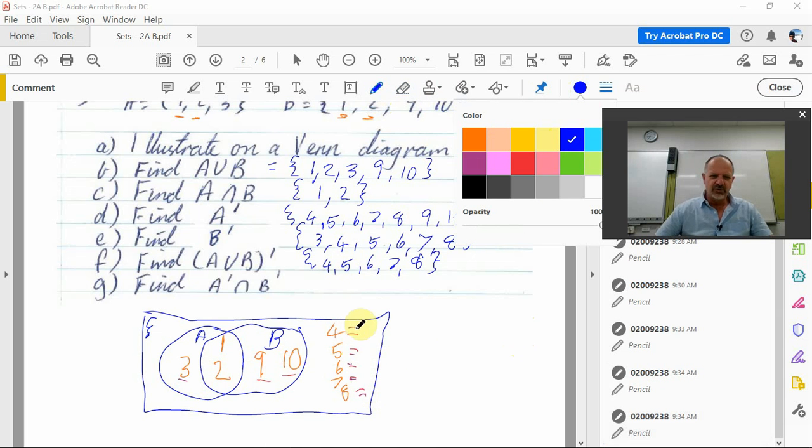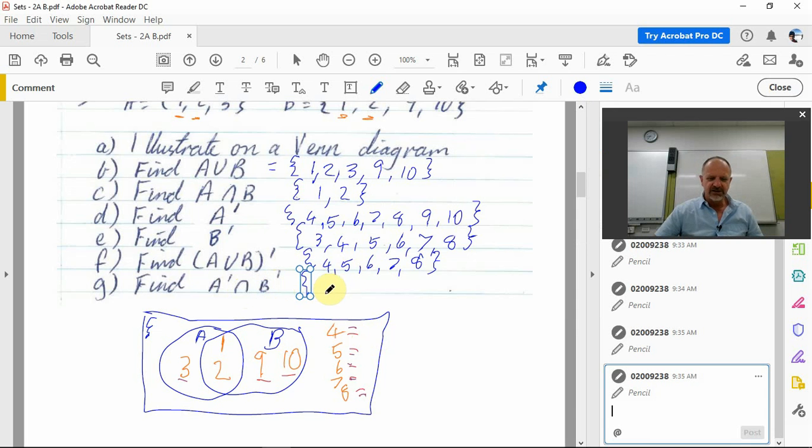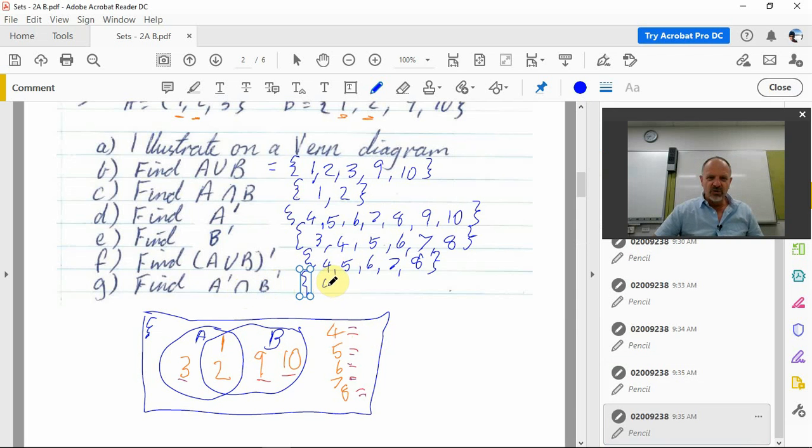That intersection would be the ones that have got both those marks in there. So the number 4 is not in A, it's also not in B, so it's one of the intersections. So it's 4, 5, 6, 7, and 8. There we go.